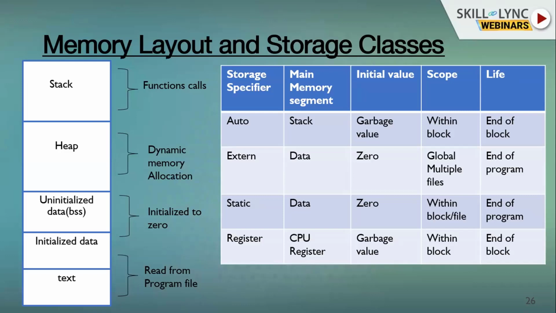But if it is a register variable, it will be much faster than other variables. We can get better performance than with other storage classes. The other parts are the same as auto: the initial value would be garbage if not defined, the scope would be within the block, and the life would be until the end of the block.